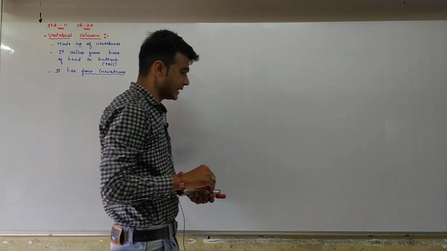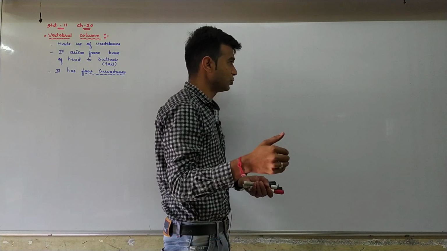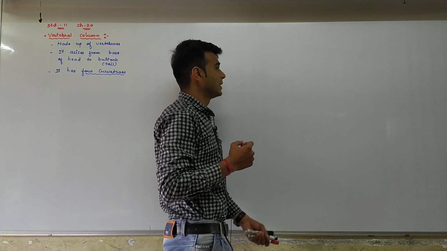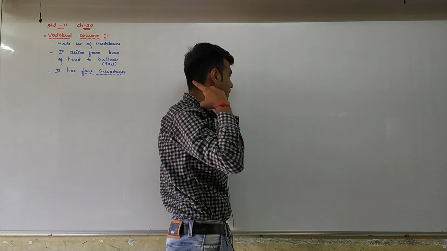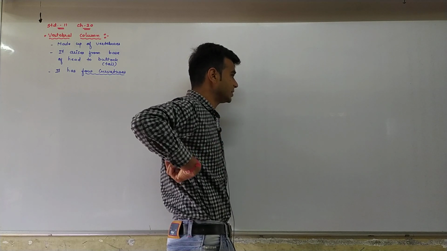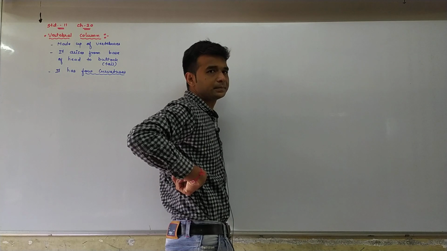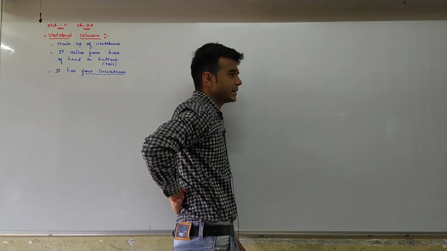Four curvatures in that. See, it is a fixed one. I will show you on my body. In the neck region, the curvature is anterior. In the thorax region, the curvature is posterior, the back one. In the lumbar region, the curvature is anterior, here.